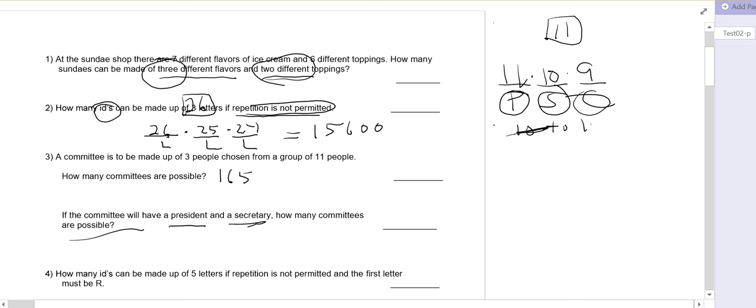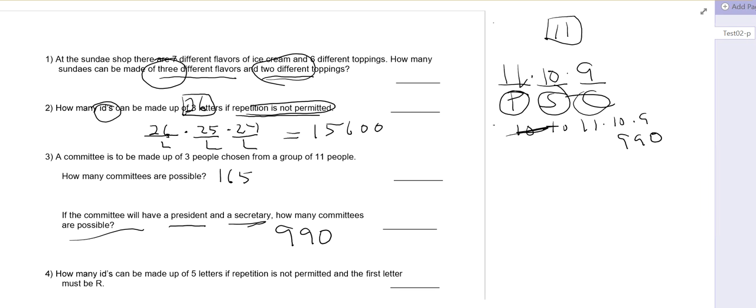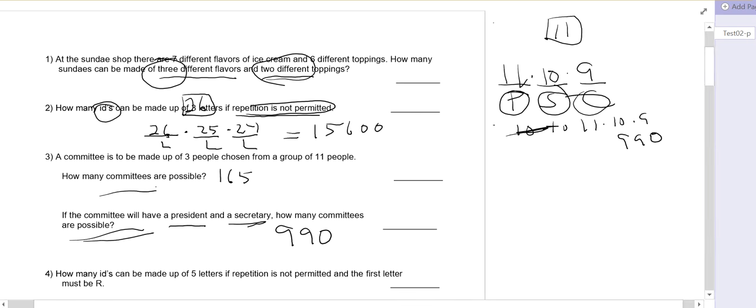So 11 times 10 times 9, and the product of that is 990. So for the second part, it's 990 because we have order here. Now notice how this number is larger than the first one because again, when you don't have order, you don't care about certain arrangements that are part of that 990, right?